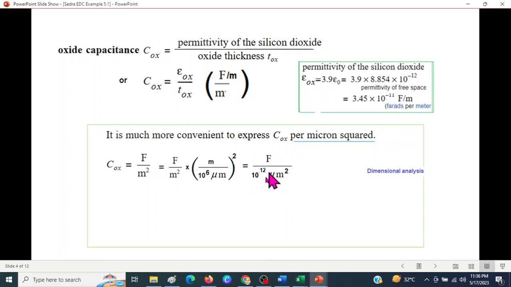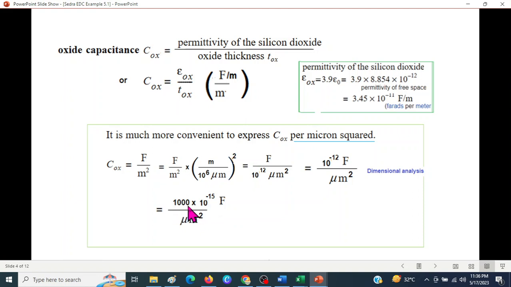So we'll have F over 10 raised to the power 12 micrometer square. We'll go further. We take this up, so it will be 10 raised to the power minus 12 farad divided by micrometer square. There is still to go, and that is we will make it 10 raised to the power minus 15 by multiplying it by 1000.